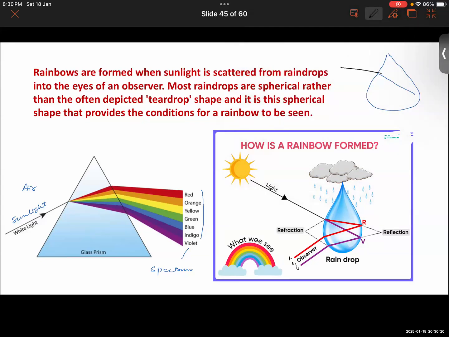Yes, Aman and Razan, when the light bends, it is called refraction. So the rays of light first bend, then reflect, and again bend, as you can see here. That is how it occurs.